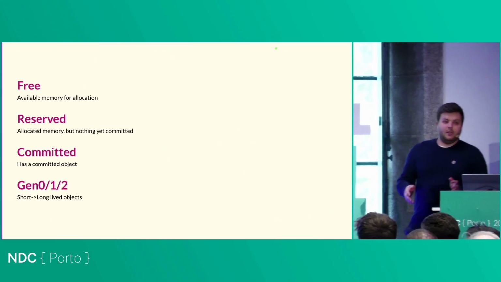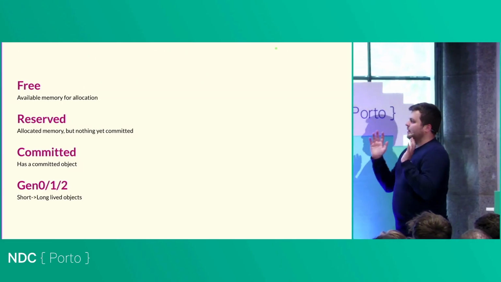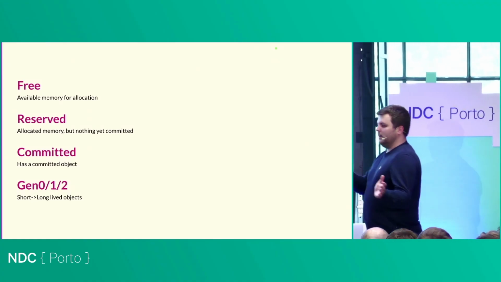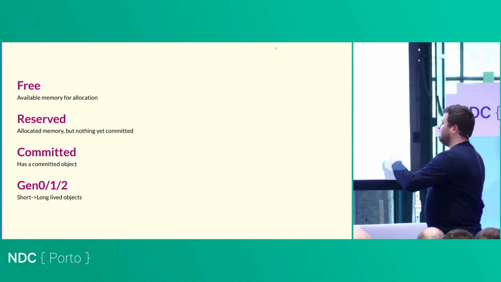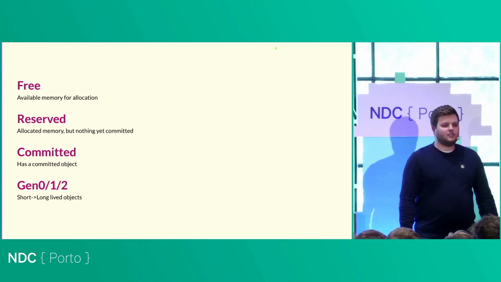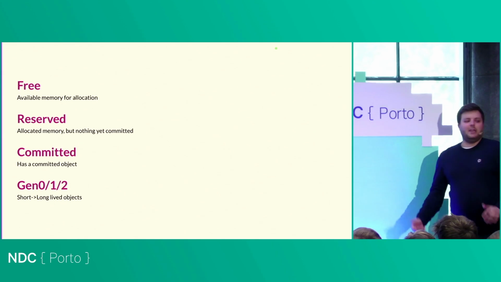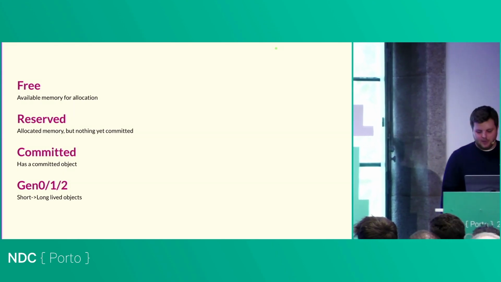Your Gen 1 heap is those mid-term objects, and those live as an intermediate between the long-lived and the short-lived objects, and then finally Gen 2 is your long-lived objects. We're talking things like statics in C# that don't disappear, or constants even.